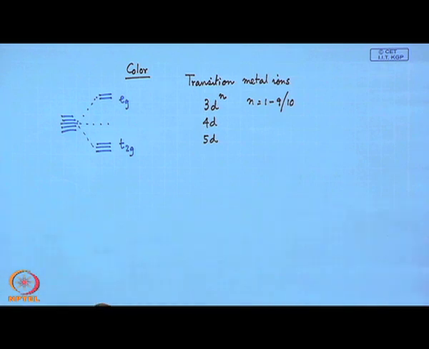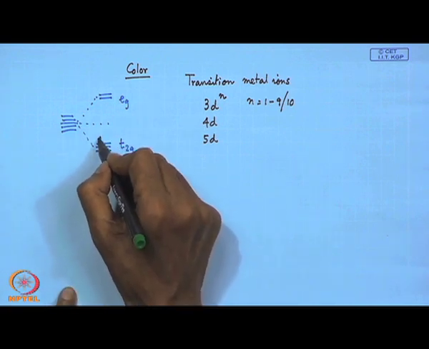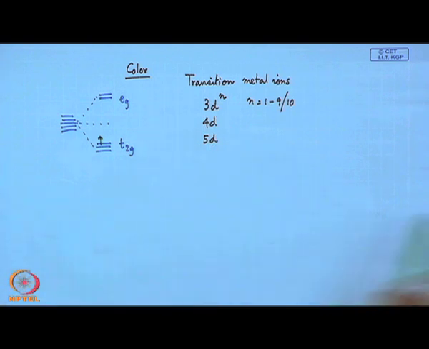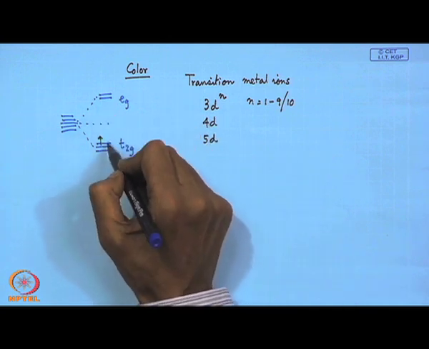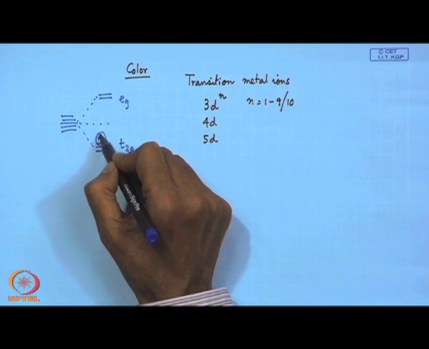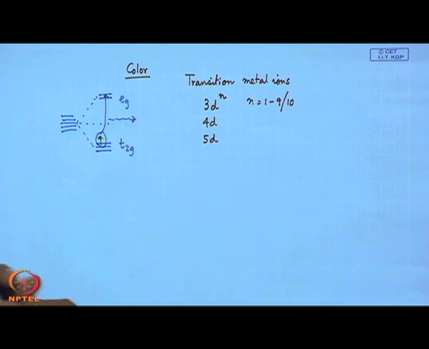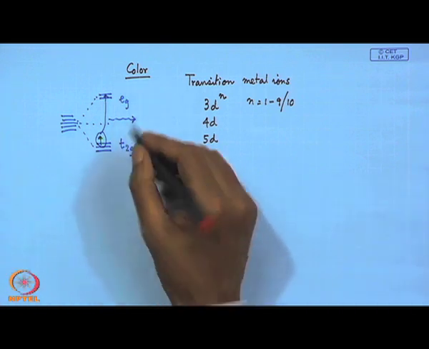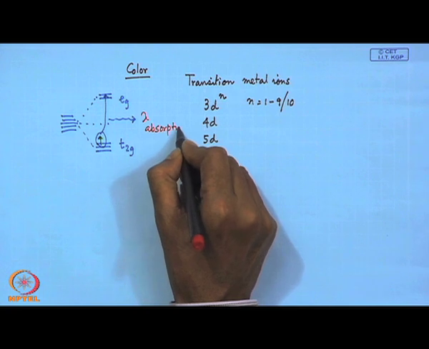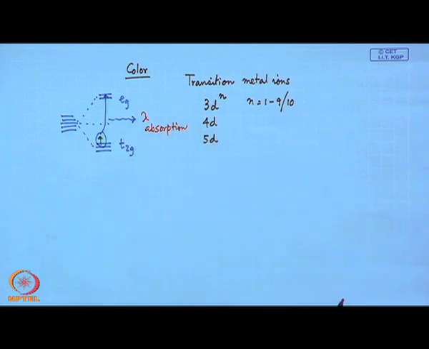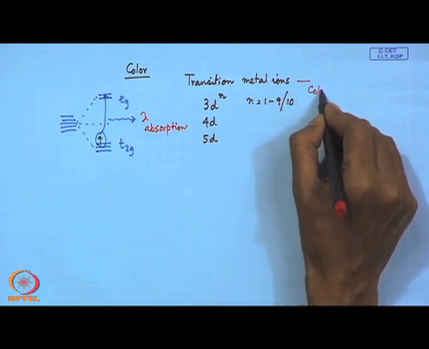If we have, say, one single electron in the T2g level and, through the range of radiation available in the visible region, we can promote this electron to the upper level, then absorption of electromagnetic radiation can take place at a certain wavelength, and we see that these particular metal ions are colored.